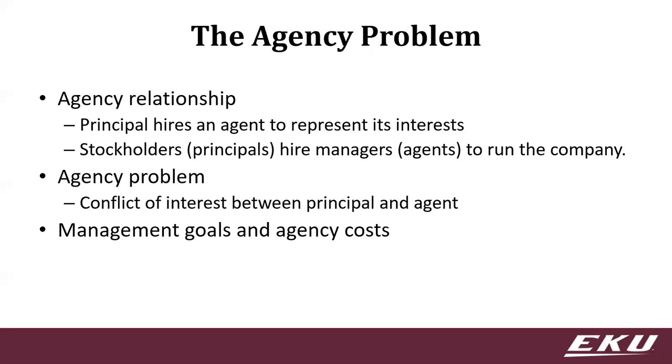If I'm a big actor, I'm the principal, and that's my acting talent, but then I'll have an agent that will go out and negotiate with studios for me to get work, and they'll be acting on my behalf. When we talk about this principal and agent relationship, it leads to what we call the principal agent problem, and that's where you can have a conflict of interest.